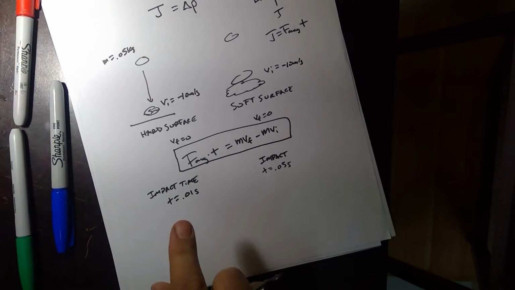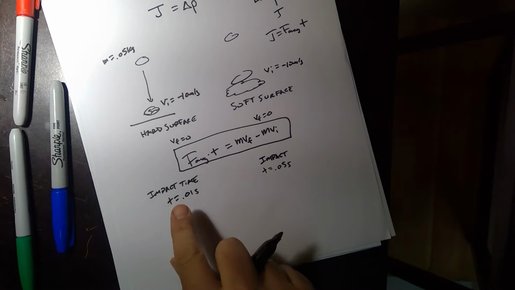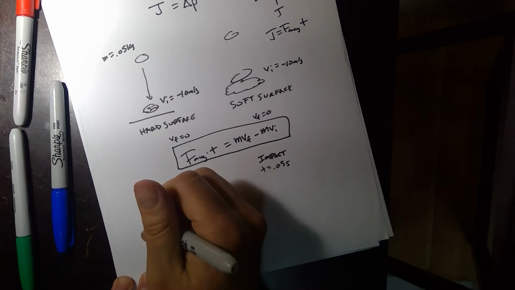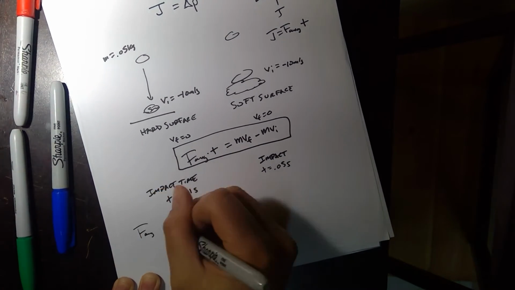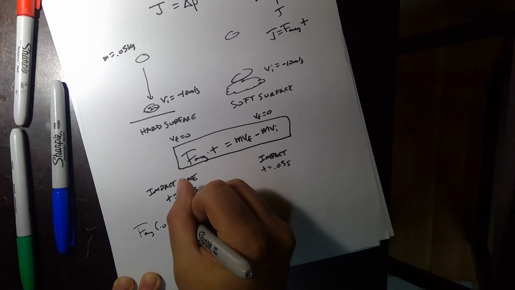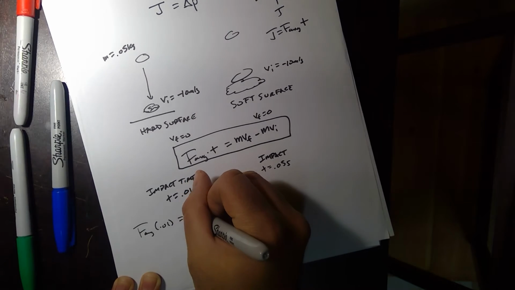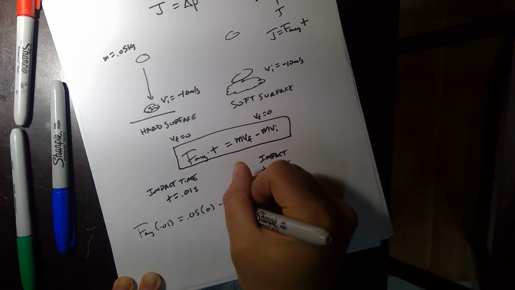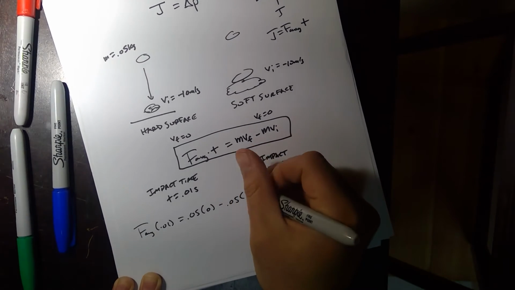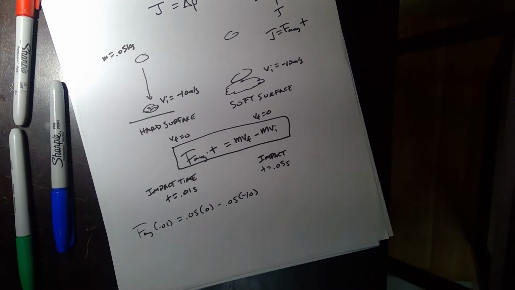Now, based on that, we have all the numbers here to solve for the force that each of these things experiences. Let's do it for this one right here. If I'm looking at this formula, the only thing I don't know is the average force. I do know the time is 0.01, and then we have 0.05 as our mass. The final velocity is 0 minus 0.05, and the initial velocity is negative 10. Note, you have to pay attention to sign here. It's very important.